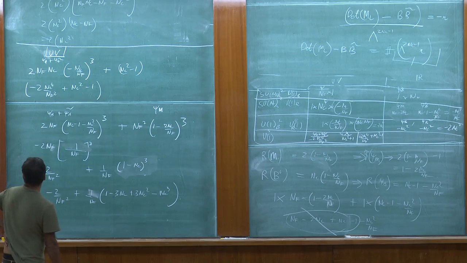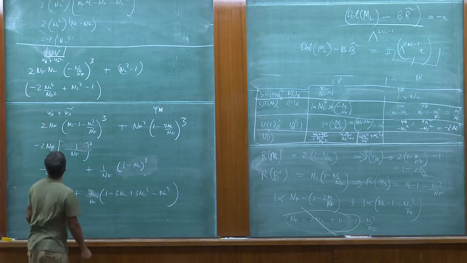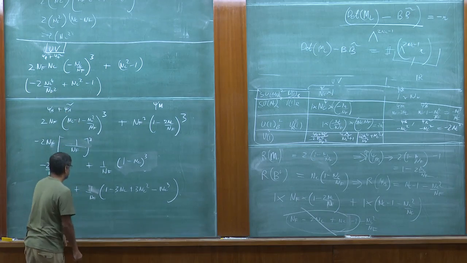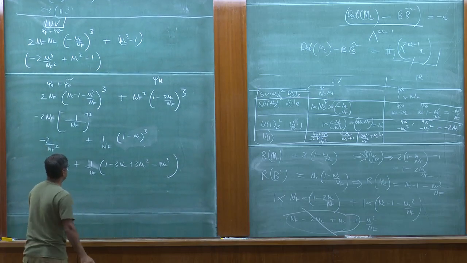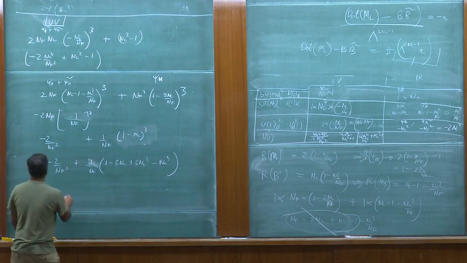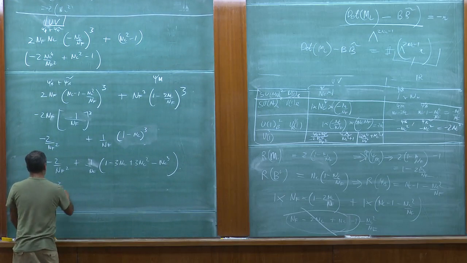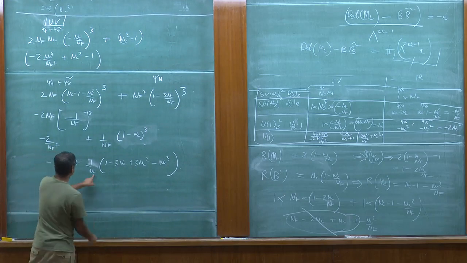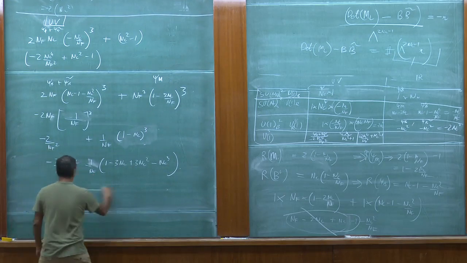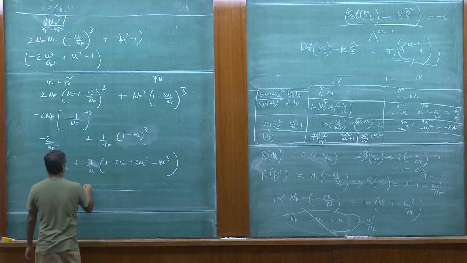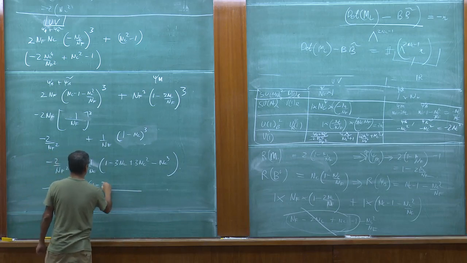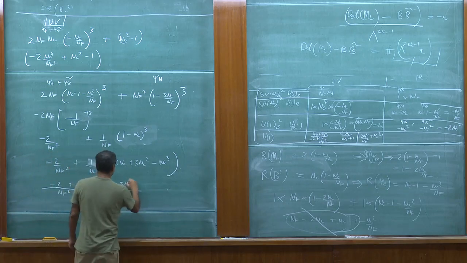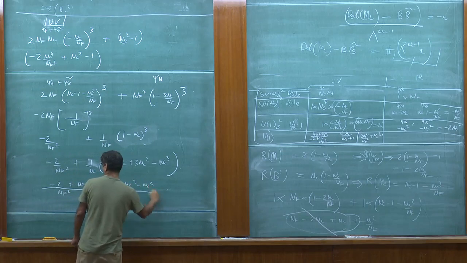Right. So let's see. There are the terms here that are order NC square, and there's a term of order 1. So let's get them. It's a pain, I hope it's working. Minus 2 by NF square, and I'm just making this also NF square. Minus 2 plus NF into 1 minus 3 NC plus 3 NC square minus NC cube.